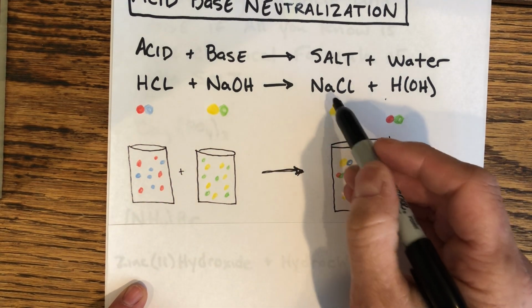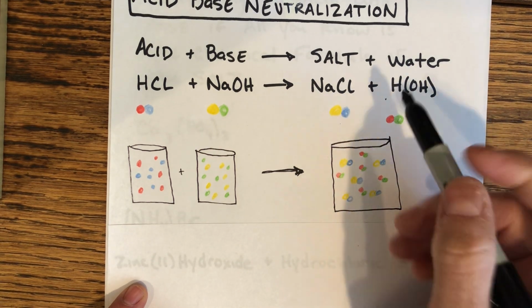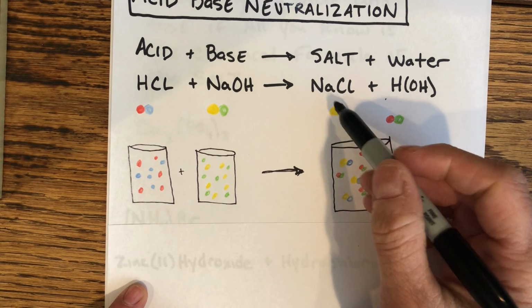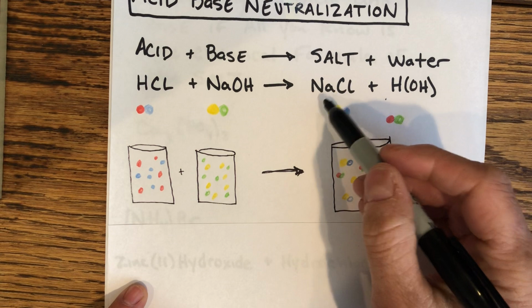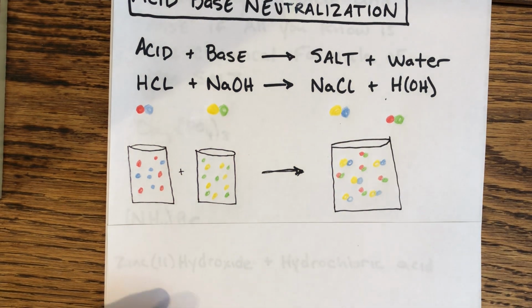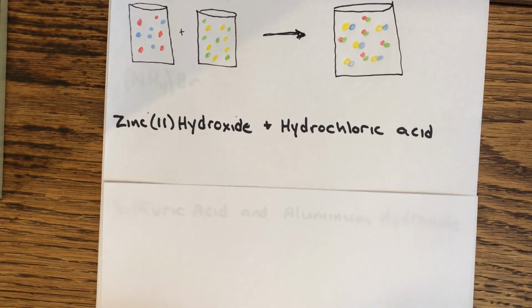Not every salt that gets produced is going to be sodium chloride. There are lots of other chemical formulas that represent what we call a salt that is not something you typically think of as salt. So let's write out a couple of neutralization reactions and see what this looks like.